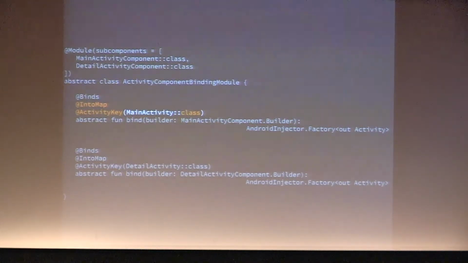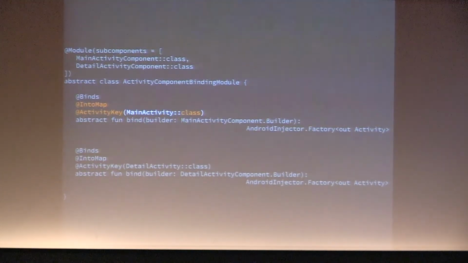Then we are using the into map and activity key annotations. This is the multi-binding, and what it does is that you can have multiple entries in your modules that use these annotations, and it will allow you to inject a map as we saw previously.